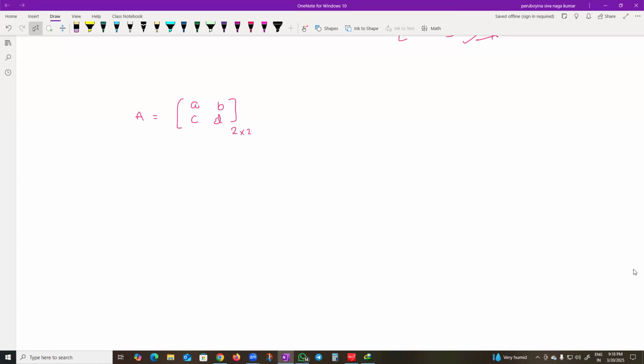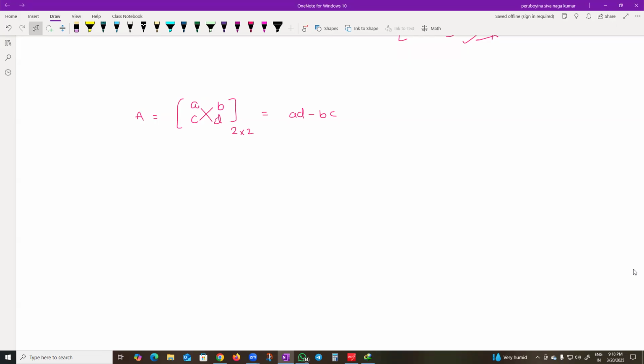Okay, it is a square matrix because rows and columns are the same. For a 2 by 2 matrix, we have a direct formula which is AD minus BC. Okay, A into D minus B into C.